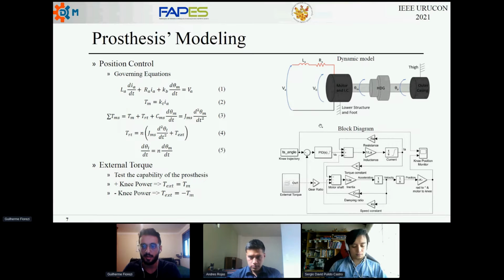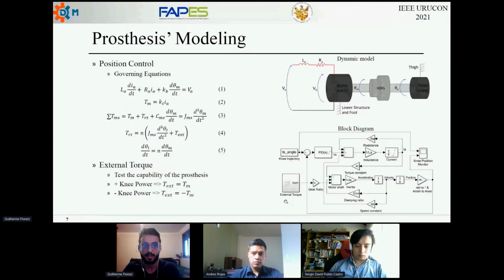In this dynamic model, we use the properties of the virtual prototype and a torque disturbance that was derived from the healthy knee human gait, which is responsible to verify whether the prosthesis would be able to supply the knee demand or not.